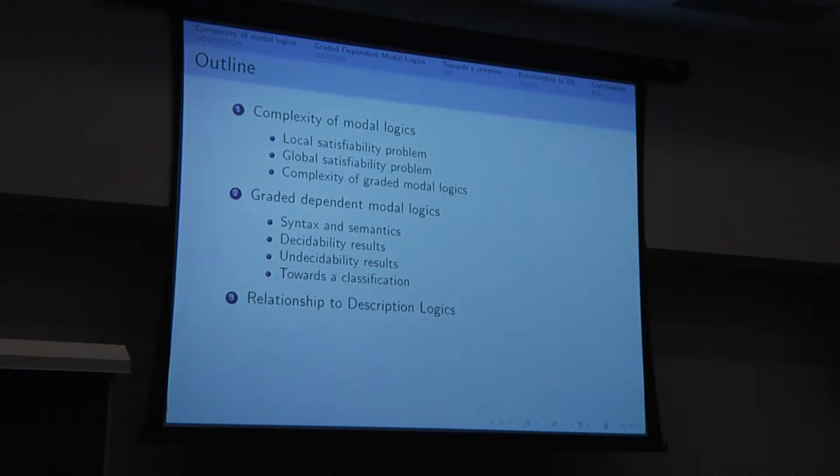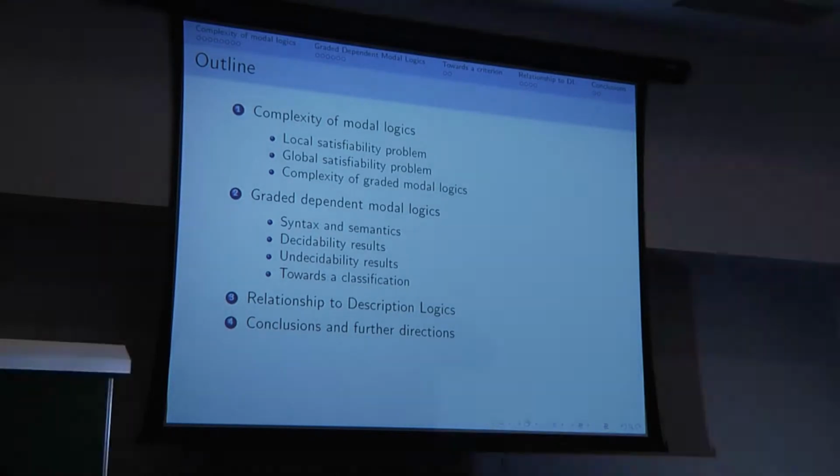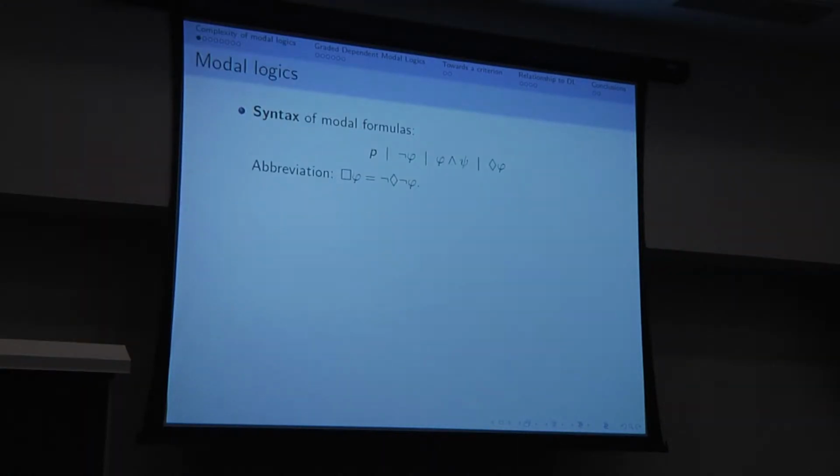Then I'll discuss the relationship of these results and this research to the description logic reasoning, which is related to the previous talk. And finally, I will conclude with some remarks and listing open problems.